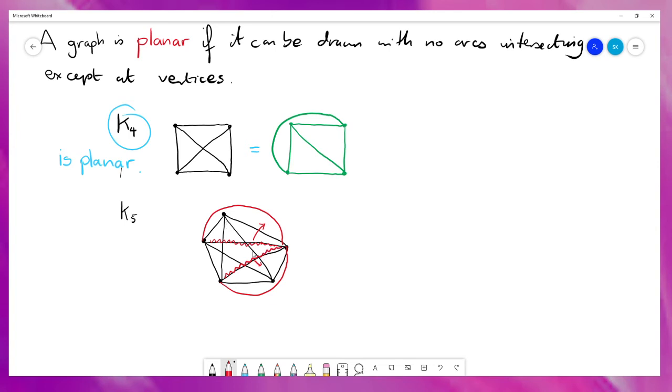We now have no points of intersection with this arc. This arc here still has a point of intersection here. But if we try and move it outside, it's still going to have a point of intersection here. So regardless of where we put this arc, there's always going to be a point of intersection that isn't a vertex. So K5 is not planar.